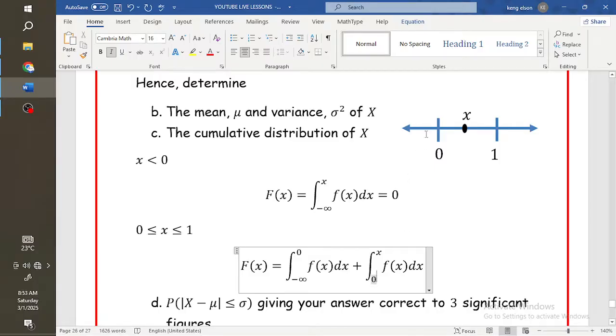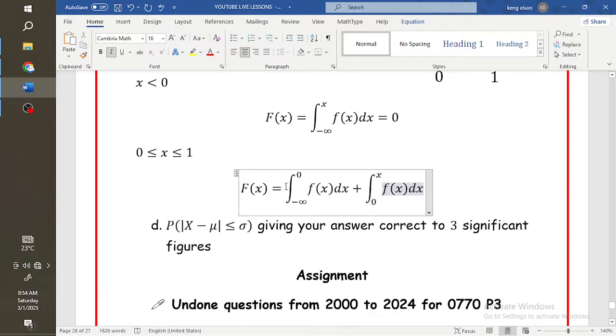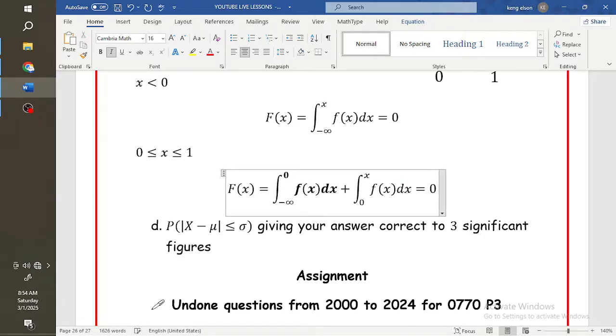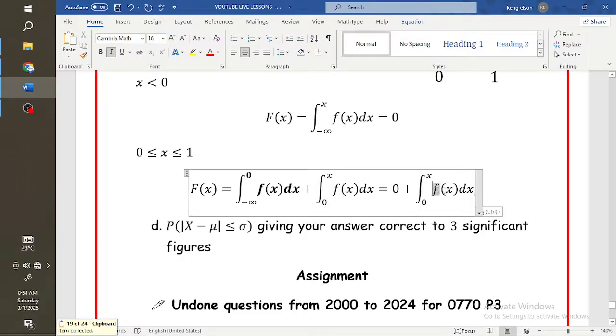So I integrate from minus infinity to 0 because I have to consider this first part. Then in this next part, I'm integrating from the lower bound to where the x is placed. Now we know that the first answer here is just the answer we got above, which is 0, plus the integral from 0 to x of f of x.